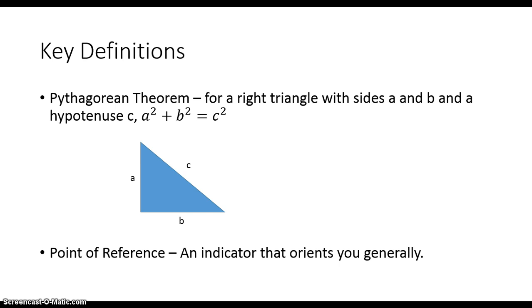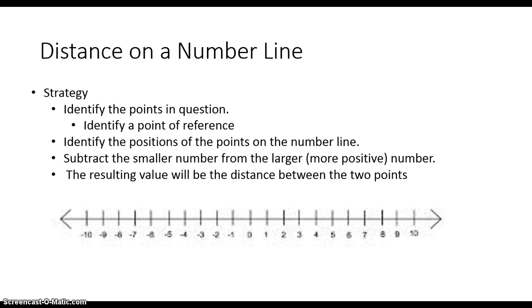It is defined as an indicator that orients you generally. Sometimes we're going to be given word problems where we are not oriented to where the points are on a number line or in the Cartesian plane, and we're going to have to find a point of reference that's going to help us plot those points and ultimately find the distance between them.